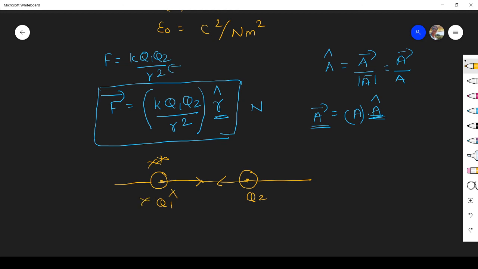It acts only in the direction along the line which is connecting the center of the two charges. Right? So Q1 is applying force only along this line on Q2. Similarly, Q2 applies force along this line on Q1. So this is the way force acts.